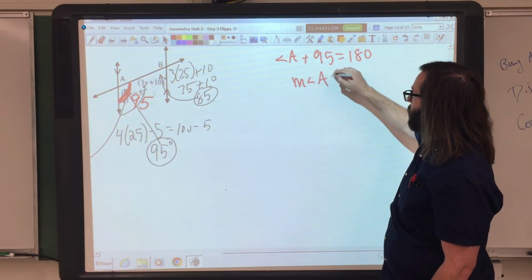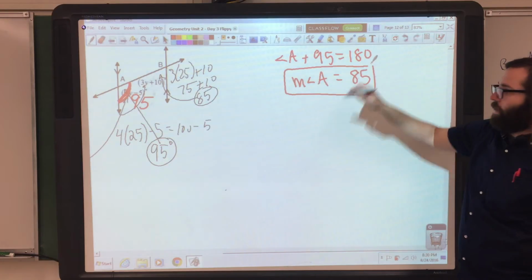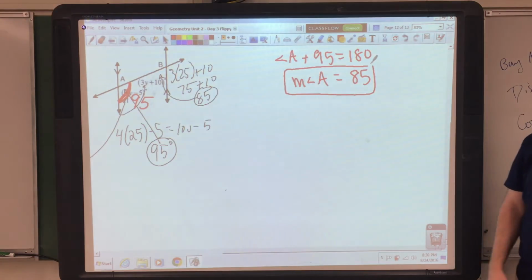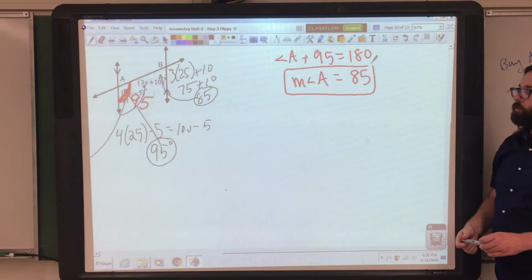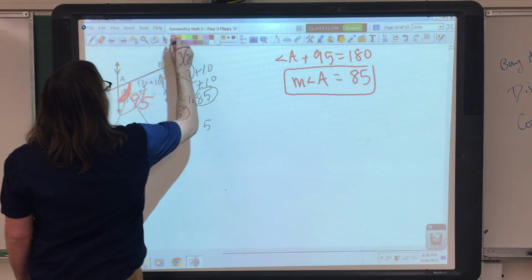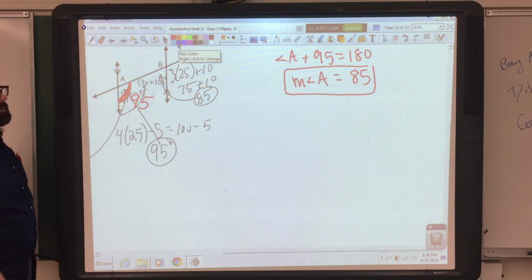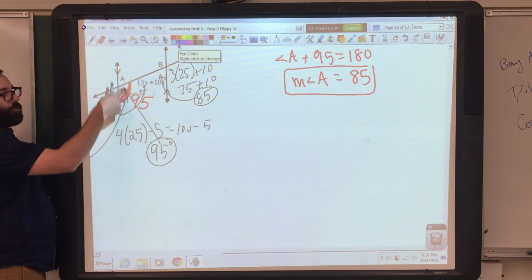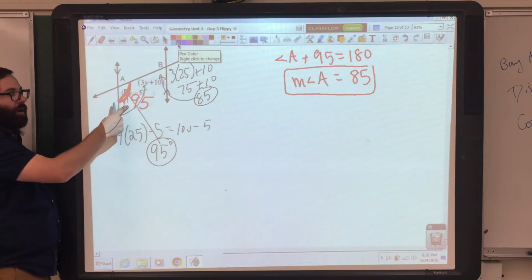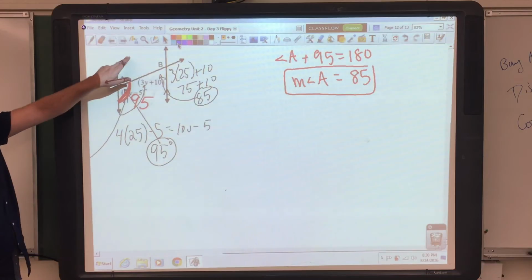Which means that the measure of angle A is going to be 85. Okay? These two form a straight angle. They're a linear pair, so they equal 180. So if this is 95, this has to be 85.